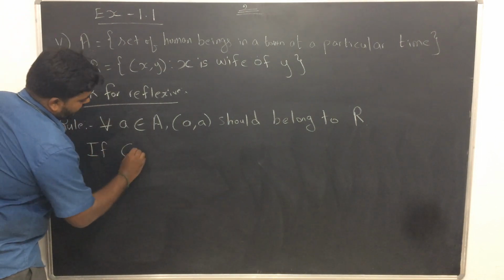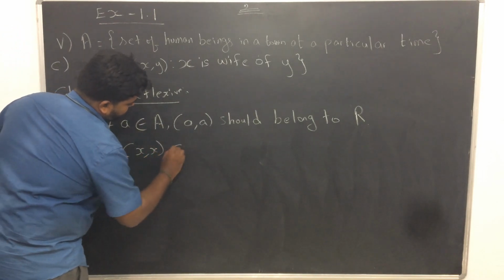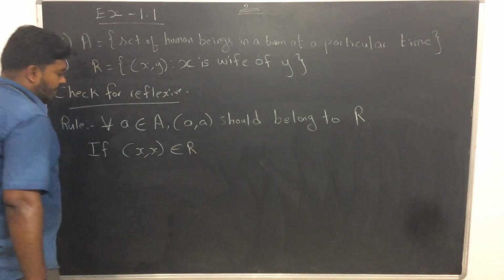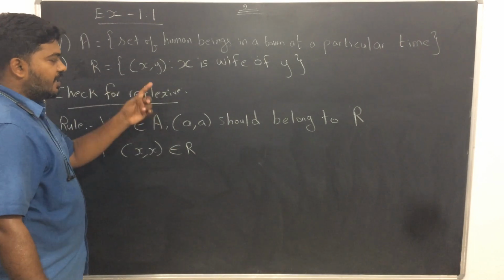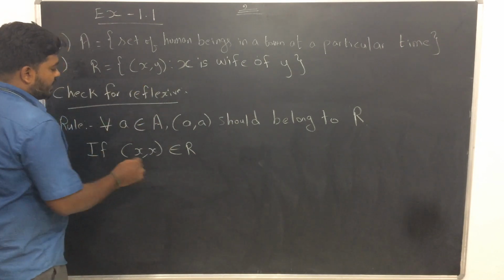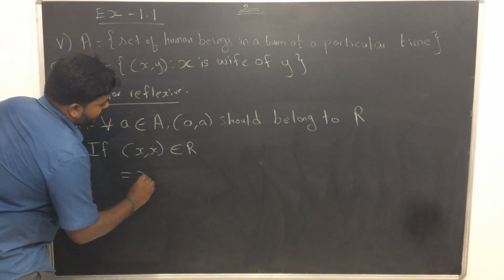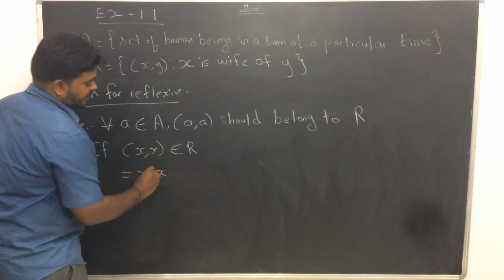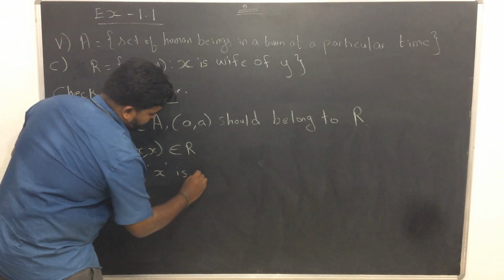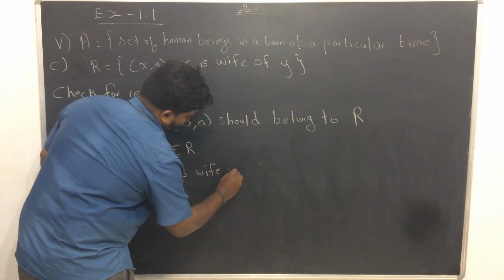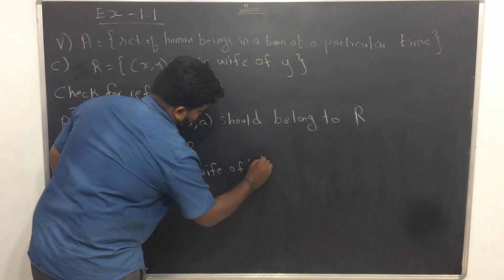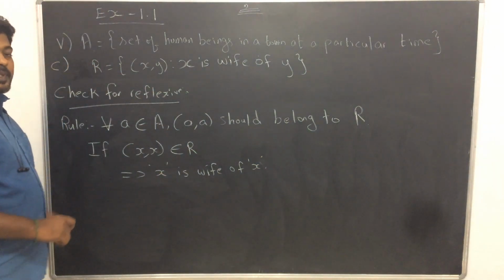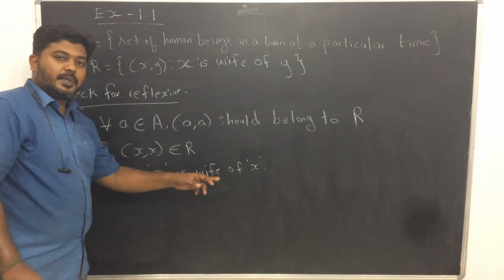If x comma x belongs to R, if I am taking x comma x to be in the relation R, then what does it imply? It implies that x is wife of x. How is this possible? Can some person be the wife of the same person?